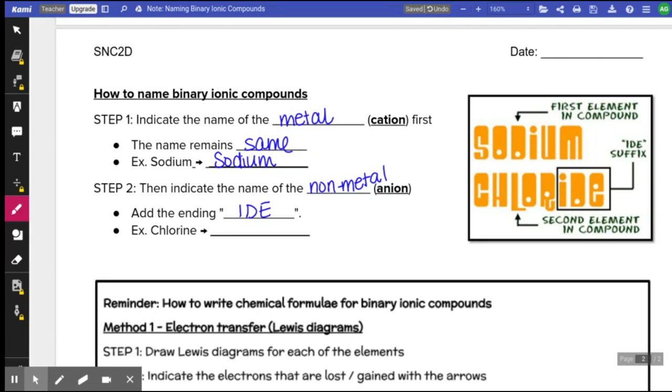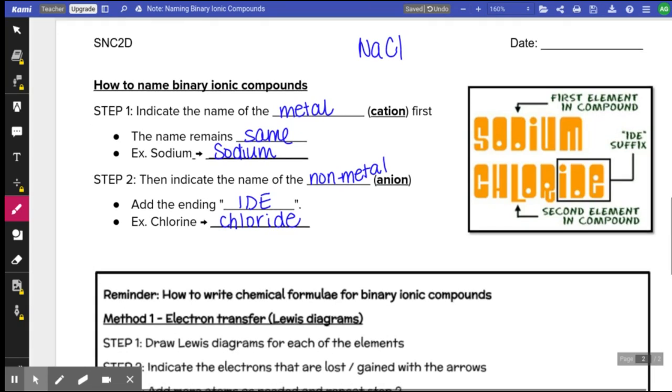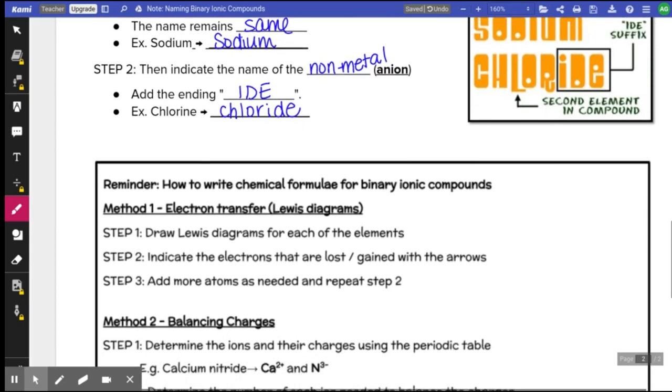You might need to take off a little bit of an ending. For example, with chlorine, you take off the "ine" and add "ide," so it becomes chloride. So NaCl becomes sodium chloride. That's how you name it.